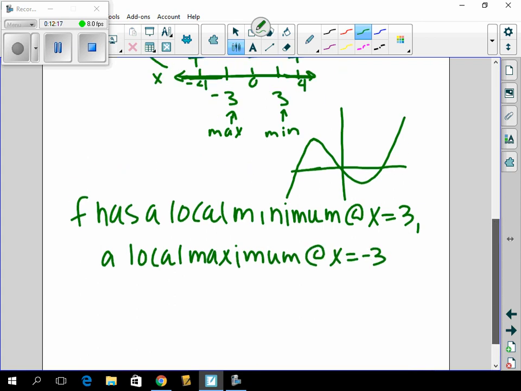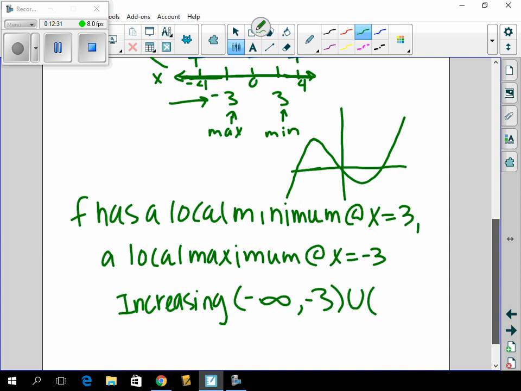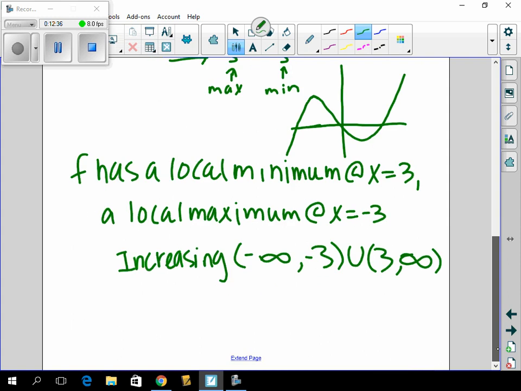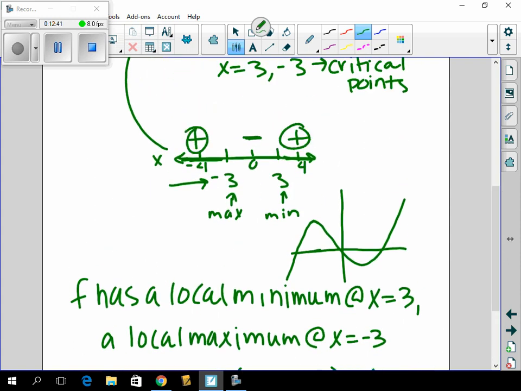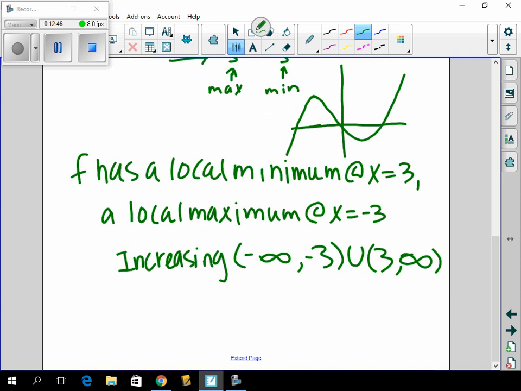And then for my intervals of increasing and decreasing, I can say F is increasing from -infinity all the way to -3, as well as 3 to infinity. So it's increasing on those two intervals because my derivative is positive, and then decreasing in between -3 and 3. So I'm just going to write decreasing, -3, 3.